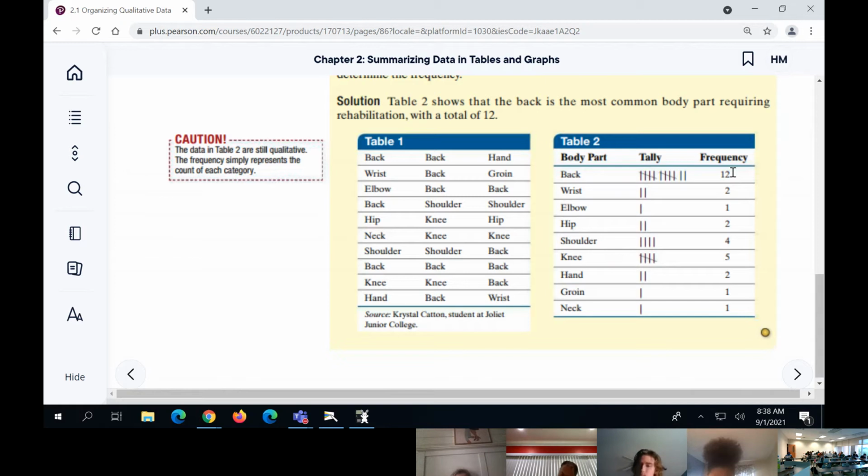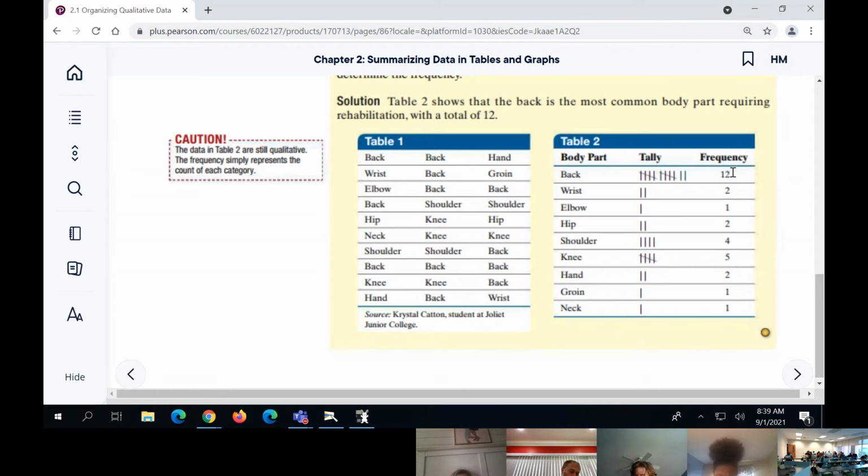Qualitative would be blondes, brunettes, redheads. Words. Are these words? Yes. Give me the average of shoulder. You can't. So it's a what? It's qualitative. This is a qualitative frequency distribution.